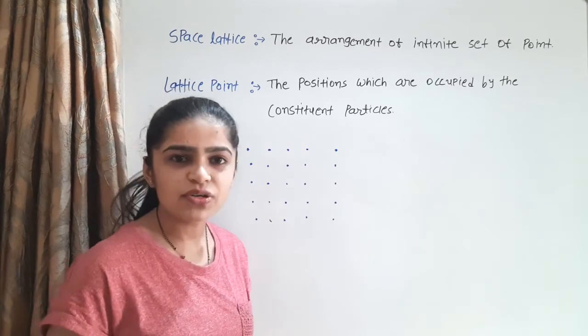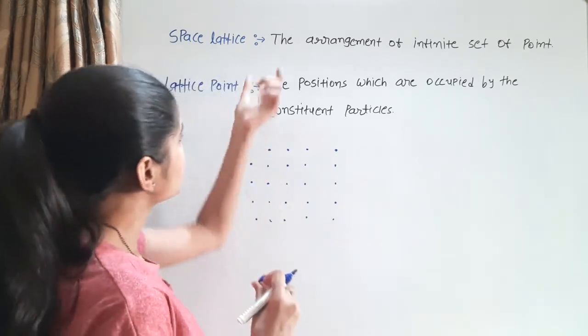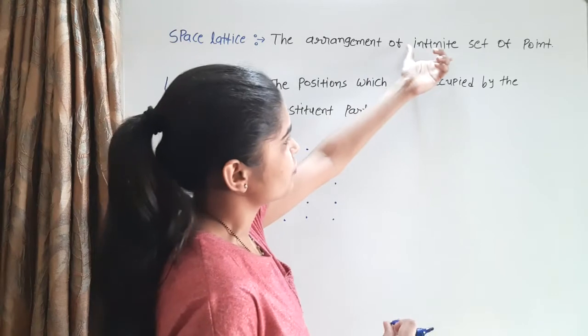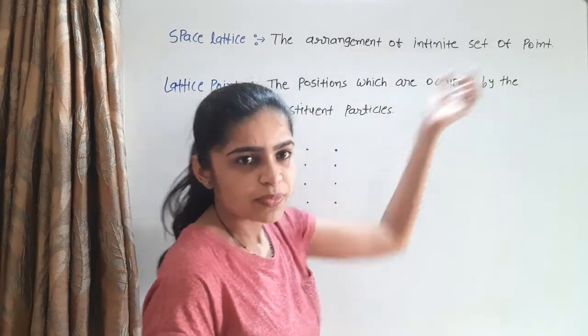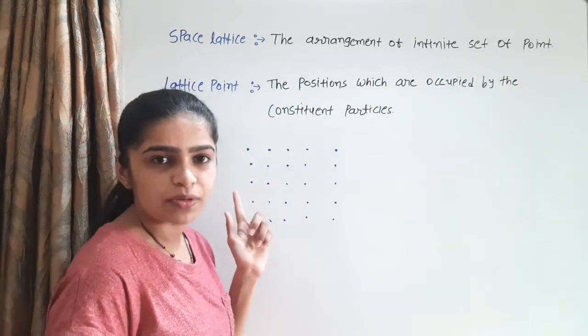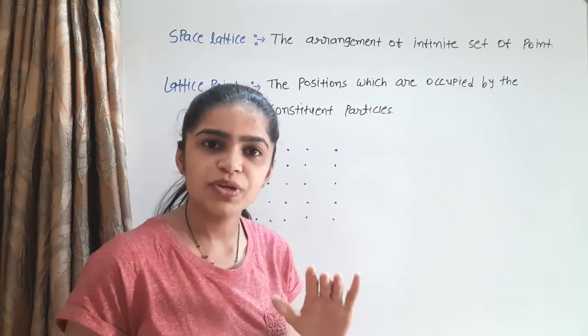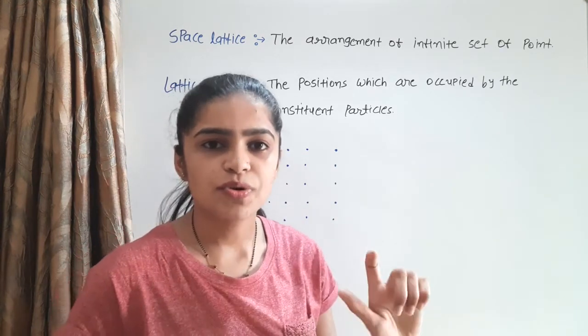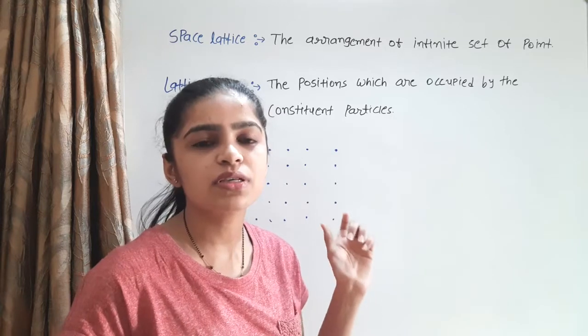But by definition, the crystal lattice is the arrangement of an infinite set of points. This is known as the point. In crystalline solids, we use constituent particles, but in the lattice, we use points.